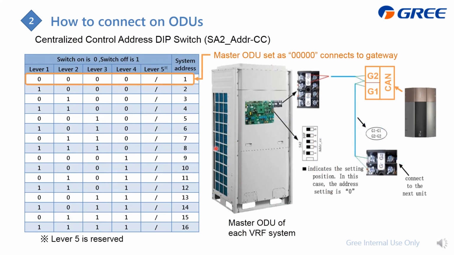And here is the detail. For the SA2, just follow this table. Actually, you just need to change the first 1, 2, 3, 4. And here we just require that this master setting is all 0. This one should connect to the gateway.